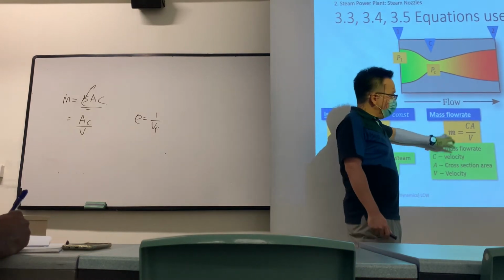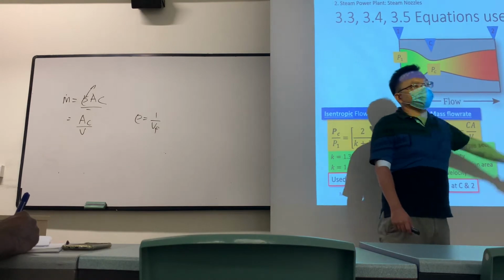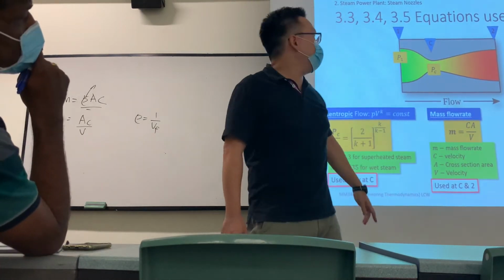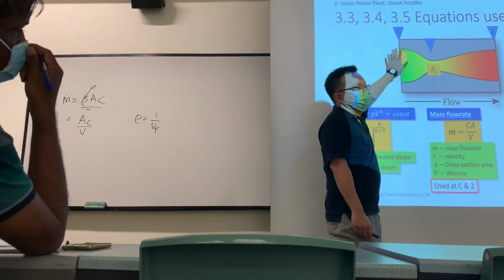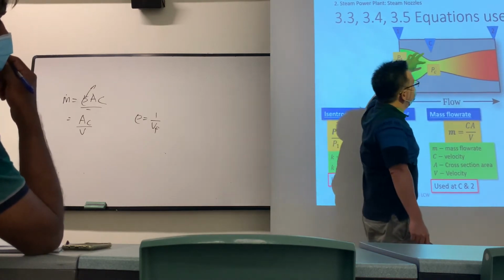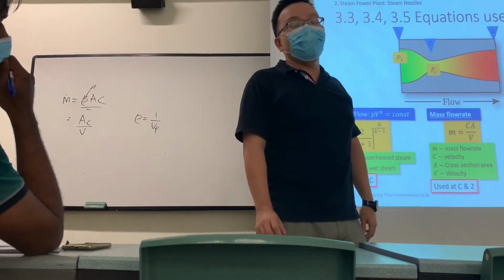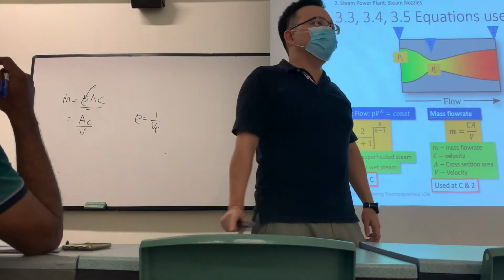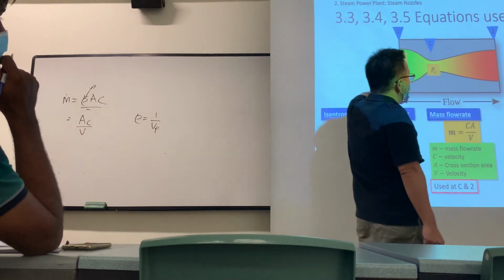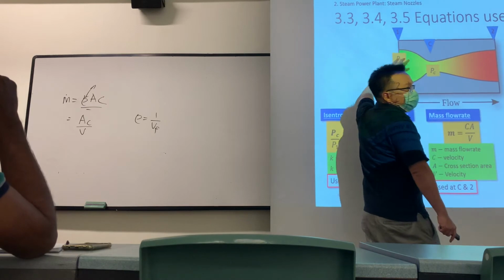This equation can be used at C or 2. Alright, why can't you use it at the inlet? Actually, there is a reason why. By right, is the mass going through here and here the same? What goes in must come out, which means if the mass here is the same as here, this is also the same.